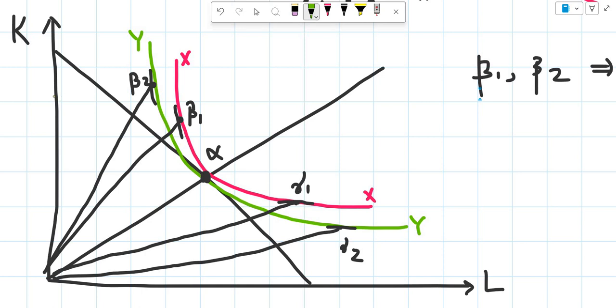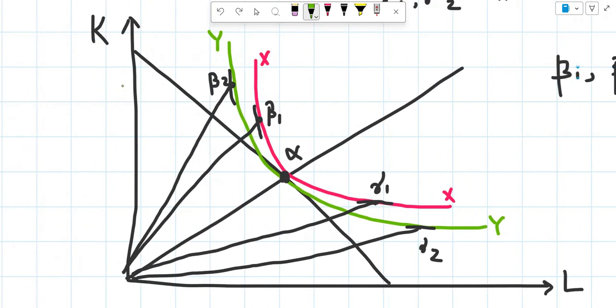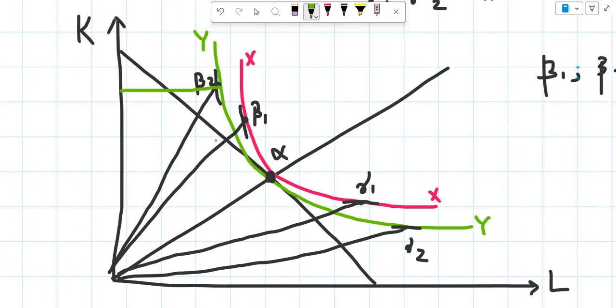Now if you compare these 2 points, if I draw this line here and drop it onto the horizontal axis, and if I draw this line here and drop it to the horizontal axis, what do I see?